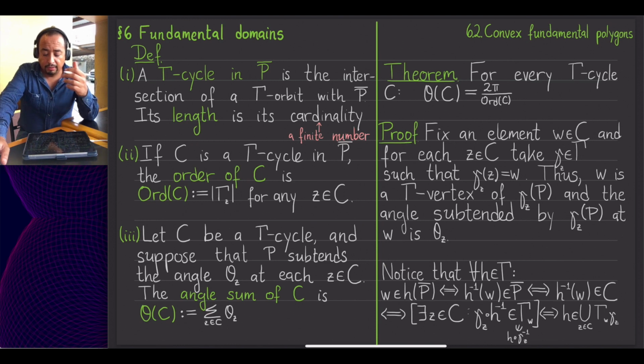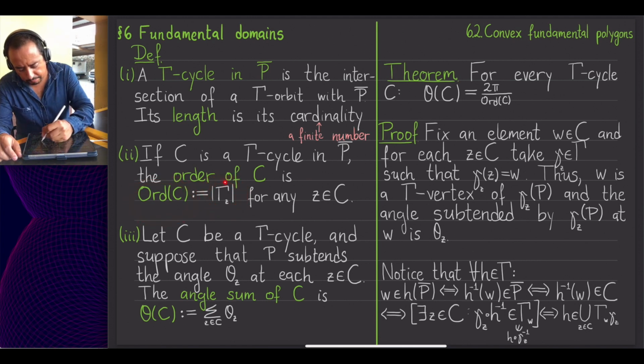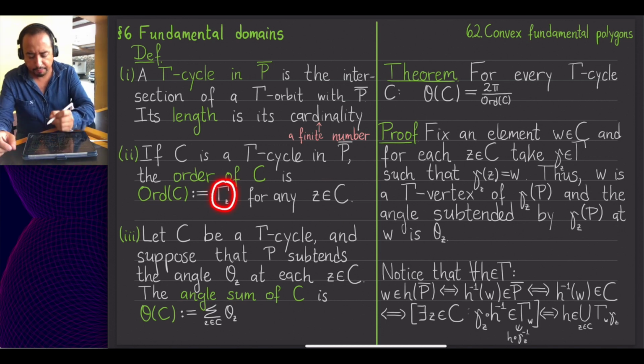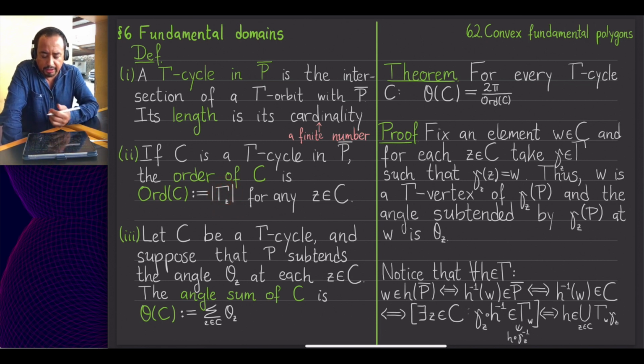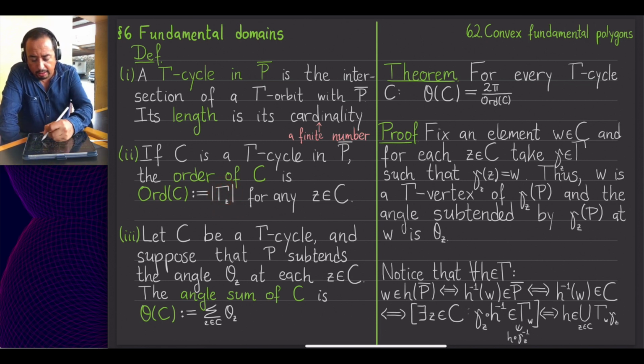So they all have the same number of elements. Right? So this is well defined. Notice that any such subgroup is either only the identity or a maximal elliptic subgroup of gamma, necessarily finite.